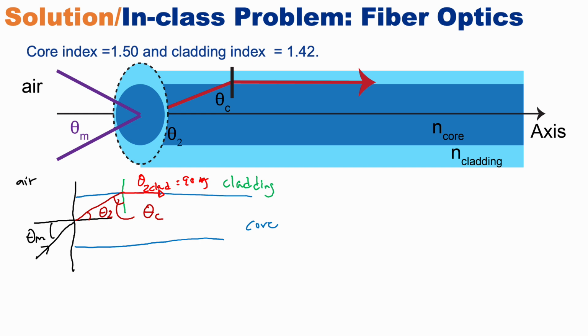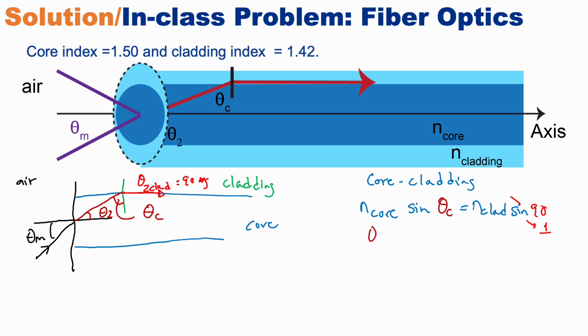The first boundary I'm going to have is my core-cladding boundary interface. So I know that the refractive index of the core times sine of my critical angle is going to be equal to the refractive index of the cladding times sine of 90 degrees, and that sine is going to be equal to 1.